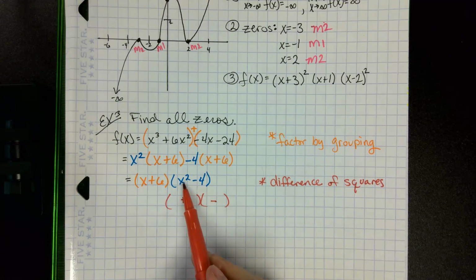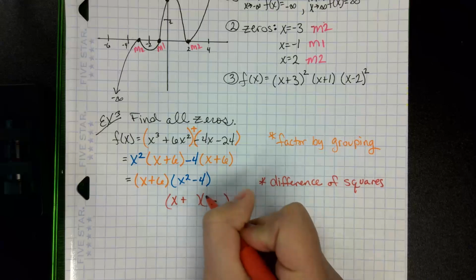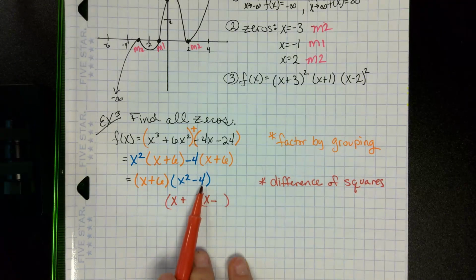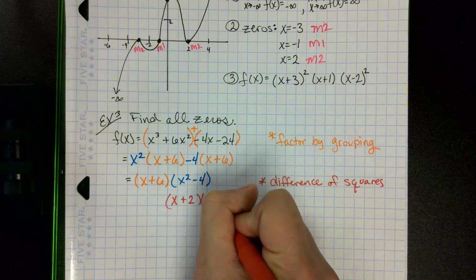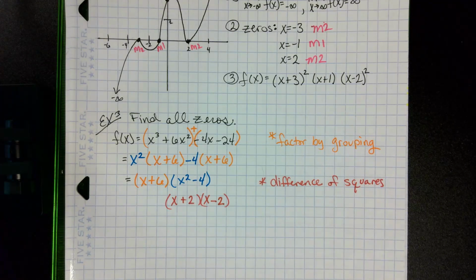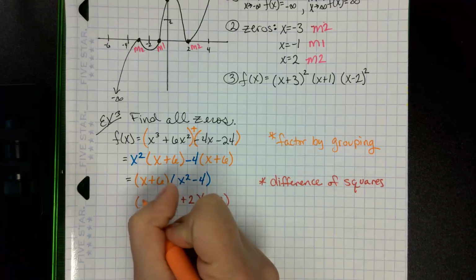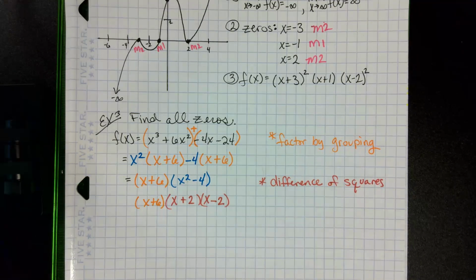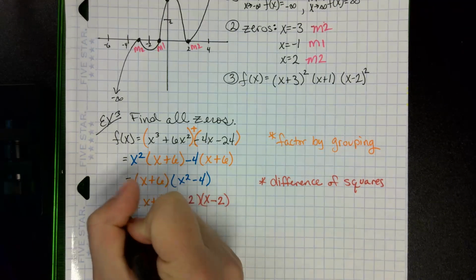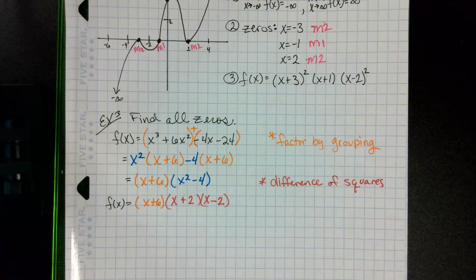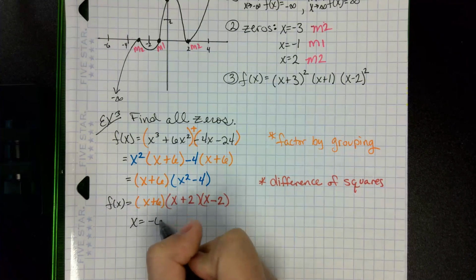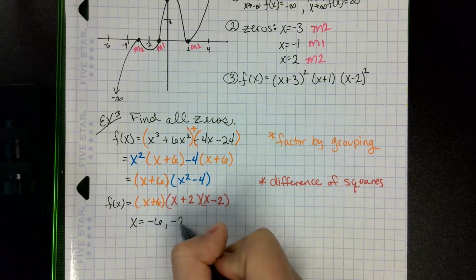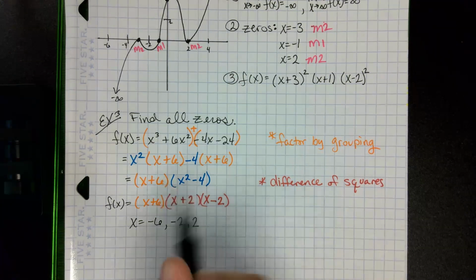Square root of x squared is x, so the first term of each is x. Square root of 4 is 2, so the second term of each is 2. And then bring down my x plus 6. So now I have my polynomial factored all the way. And from there I can easily see the zeros. So x equals negative 6, negative 2, and positive 2.